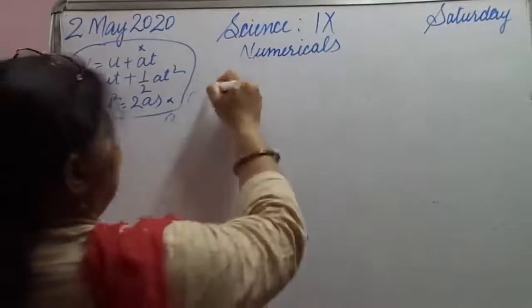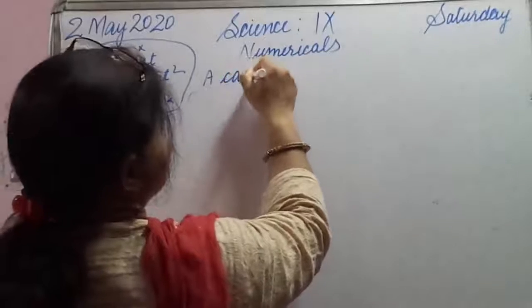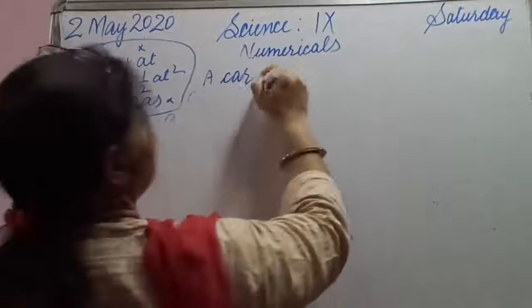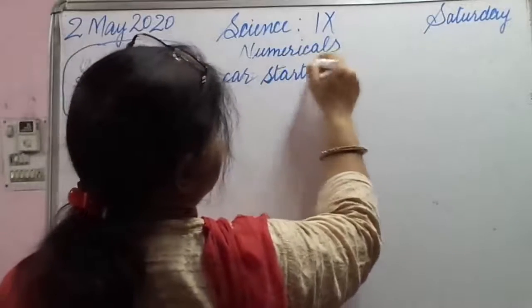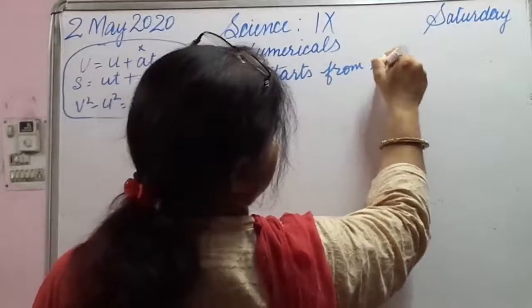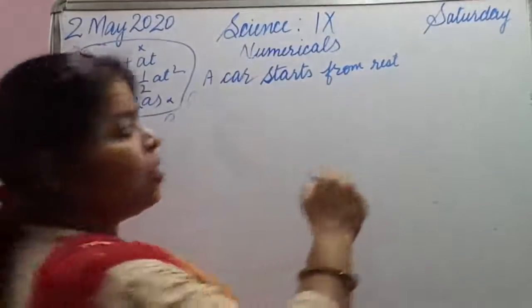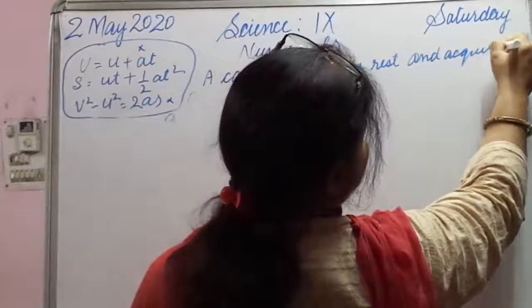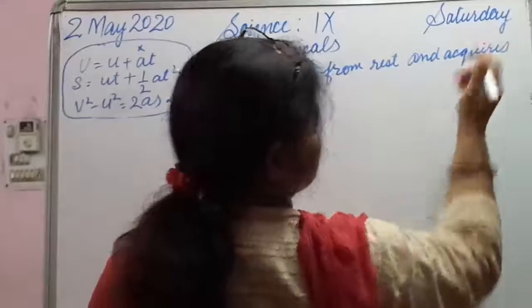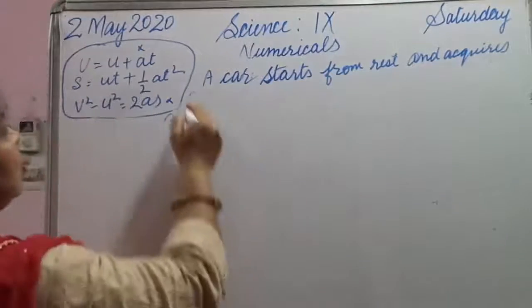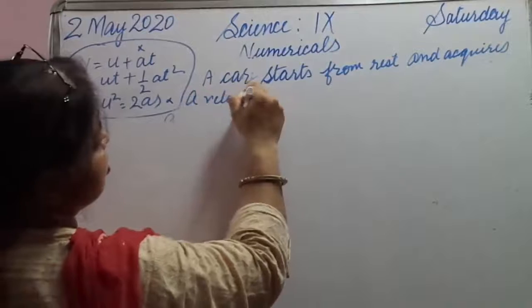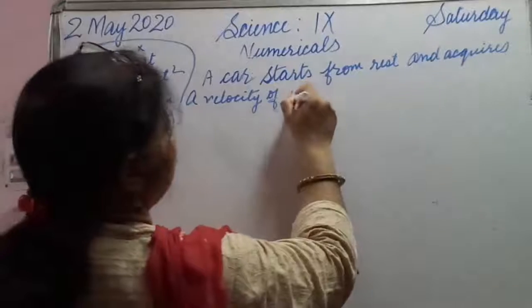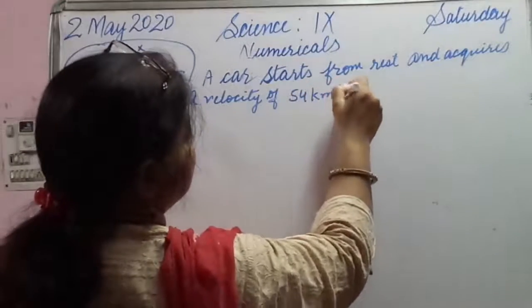I am writing here: a car starts from rest, again the same, starts from rest and acquires a velocity of 54 kilometer per hour.